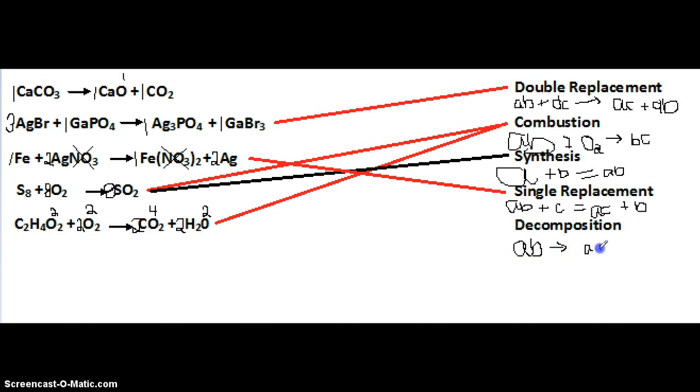AB equals A plus B. And the last one that's left on the left side is calcium carbonate turns into calcium oxide plus carbon dioxide. So it's that one. There we go.